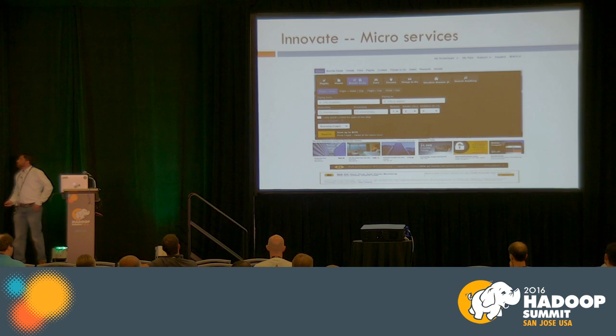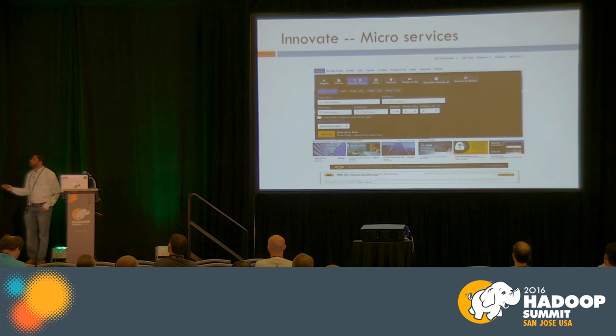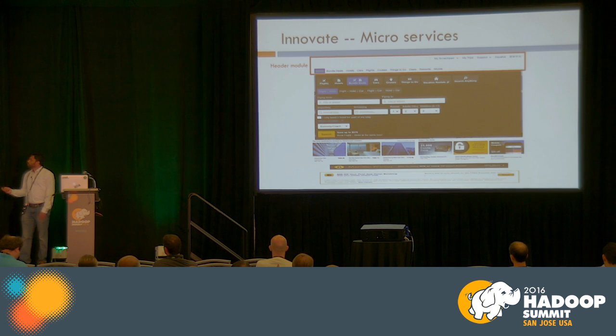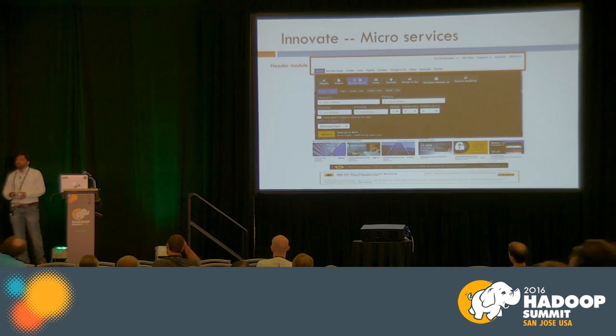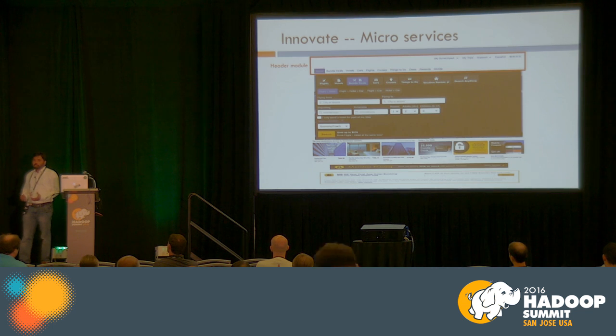So let's say I innovate through microservices, and most of the talk a little bit of microservice. What microservice really means is your web page is made of many little services. That way, if I'm a developer for a particular app, I really don't care about the rest of the people. I just keep developing by myself, and when I'm ready, I push it to the master, and really there's no dependency between them.